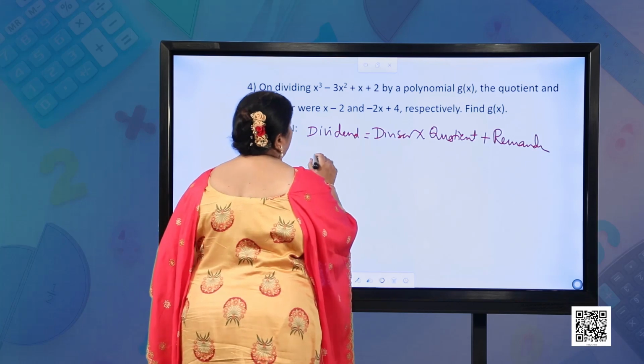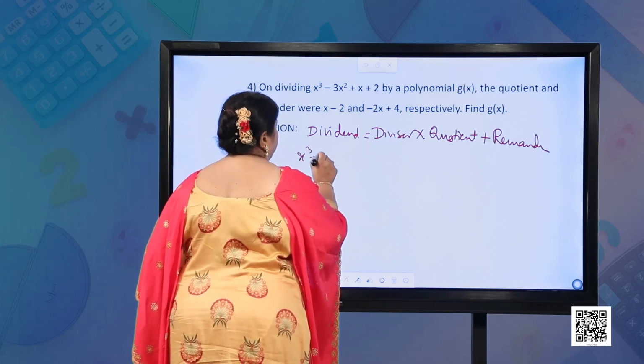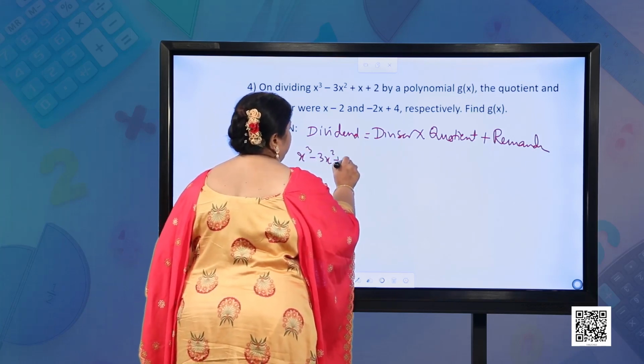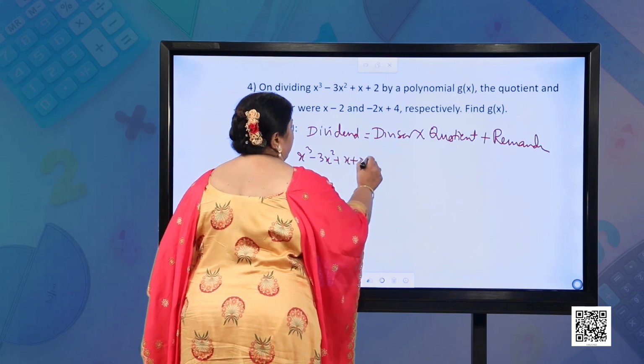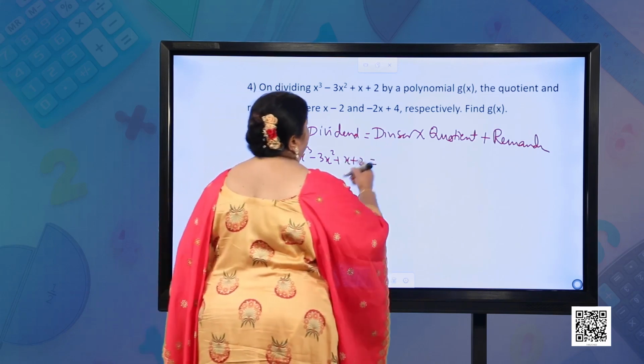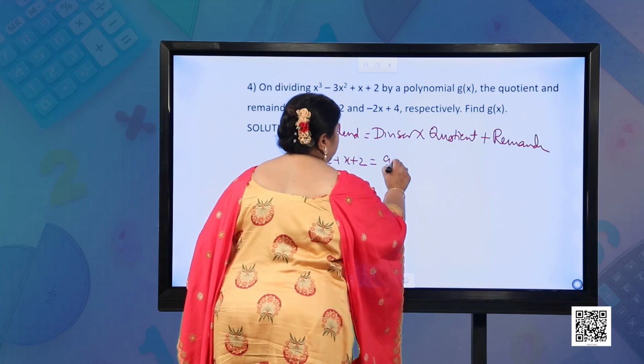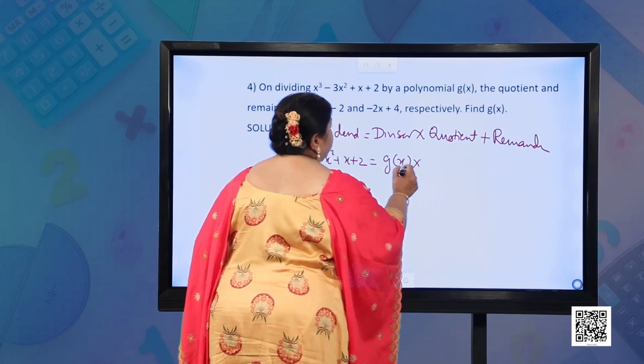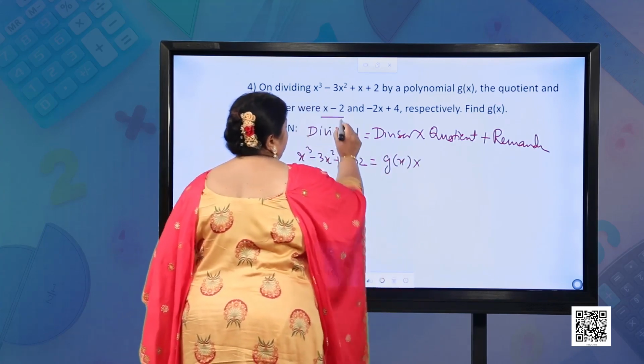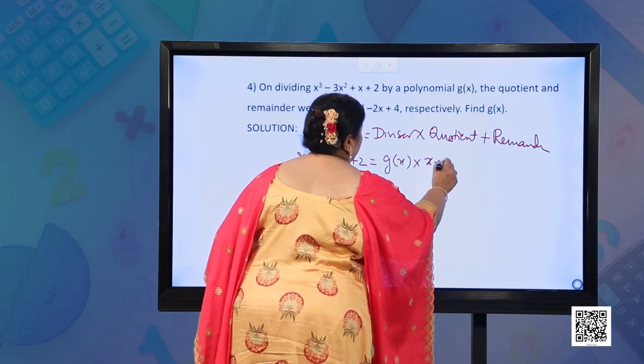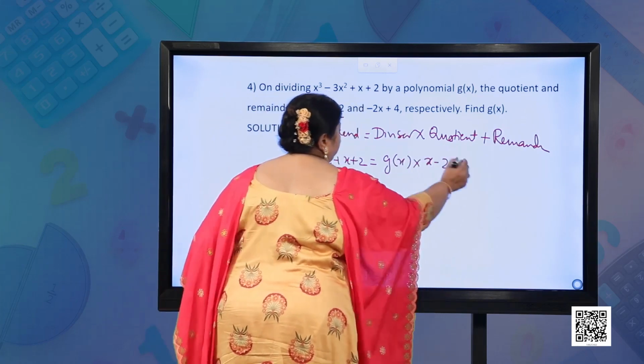So, we have here x cube minus 3x square plus x plus 2, that is the dividend, we are dividing it by g of x and the quotient is mentioned to us as x minus 2 and what is the remainder?